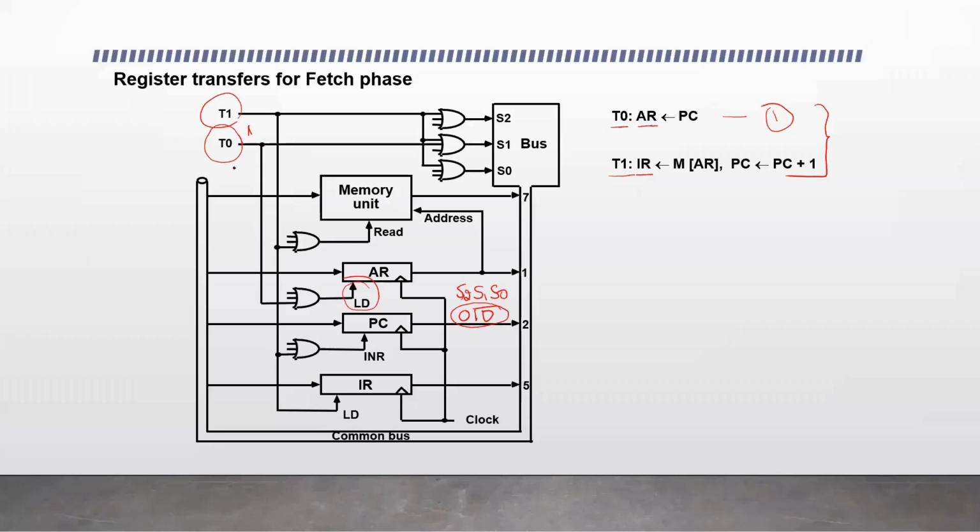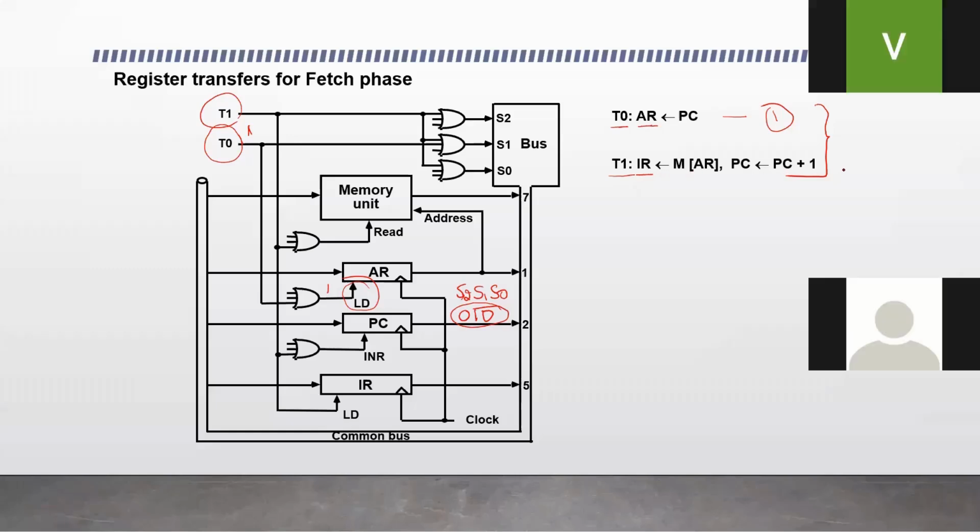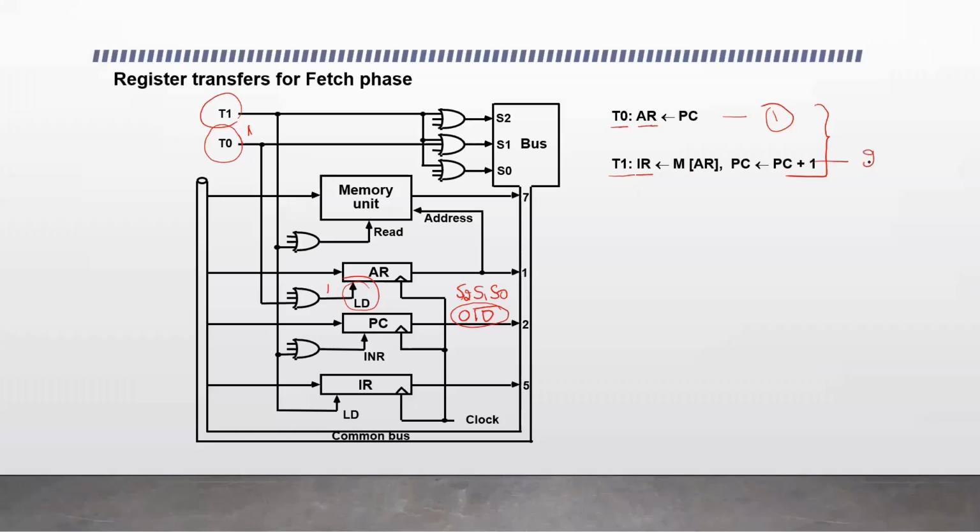When the timing signal T0 is active, when T0 becomes 1, the result of this OR gate is 1, so the load input will be active and the content of the bus is placed in AR. This is how the first operation is performed. And to do this second operation, this is our second operation.